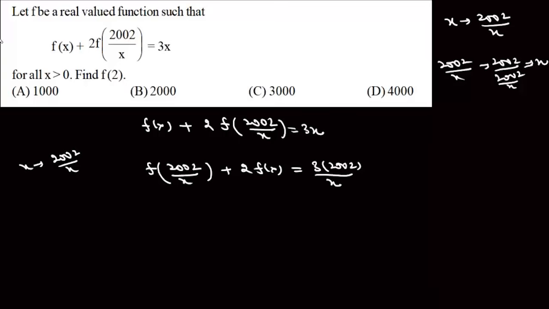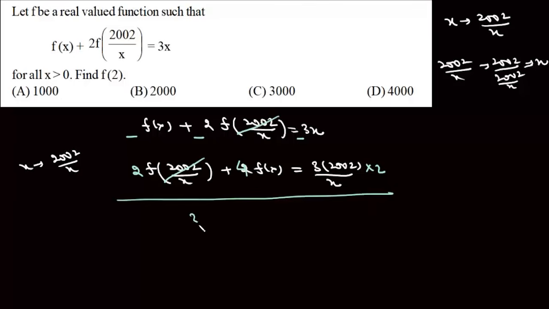So what we'll do is we'll multiply this second with 2. So it will be this 2 and here will be this 4 and it will be this into 2. And then we'll subtract first from it. So this 2f(2002/x) will cancel. So we'll get this as 3f(x) and it will be 3 into 4004/x minus 3x.